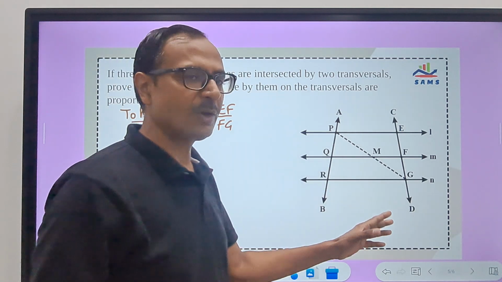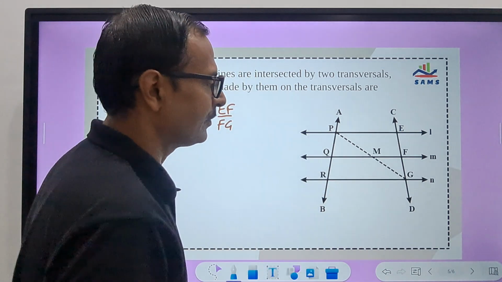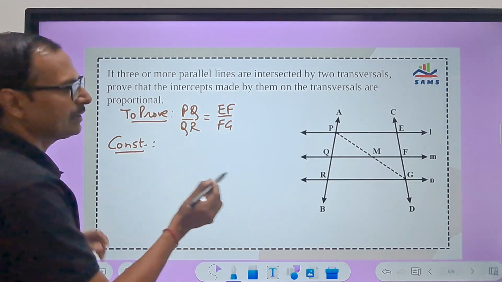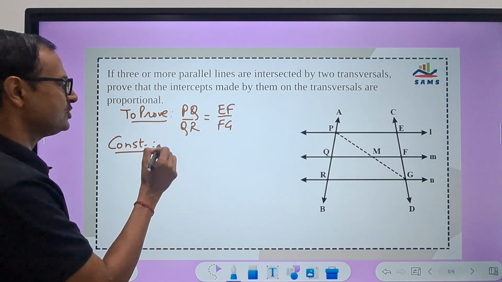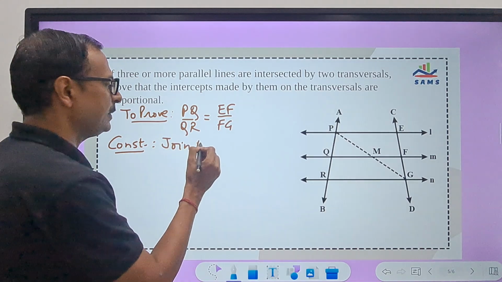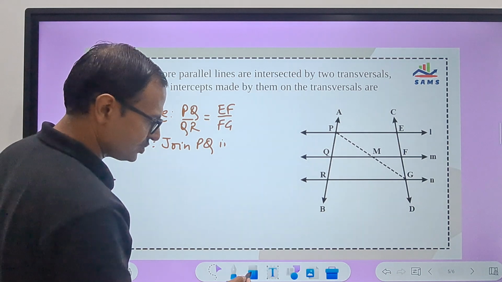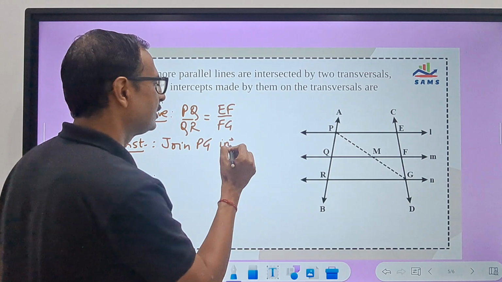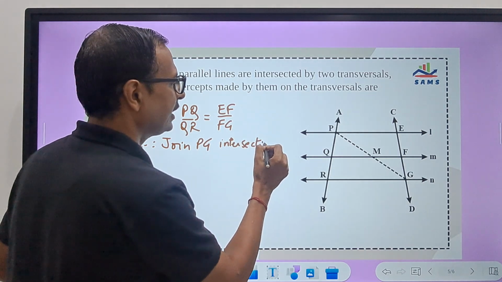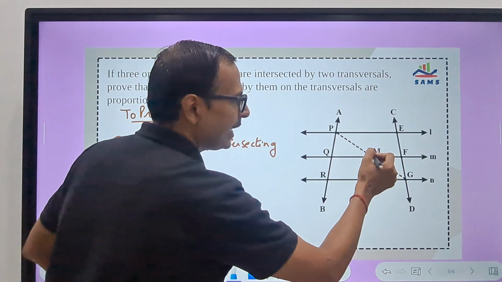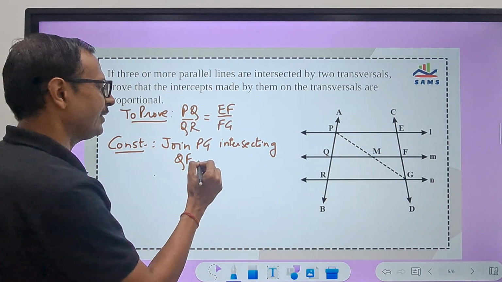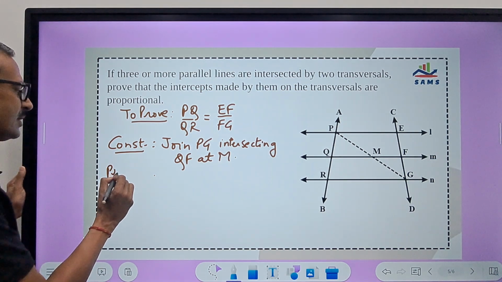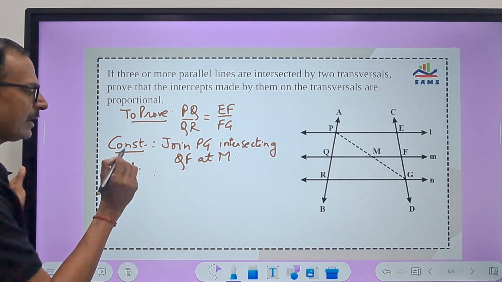And how do we prove this now? Again using basic proportionality theorem. So in the construction, what did I do in the construction? I have joined this line PG. Join PG, intersecting QF at M. And now we can safely use the basic proportionality theorem because there are parallel lines.